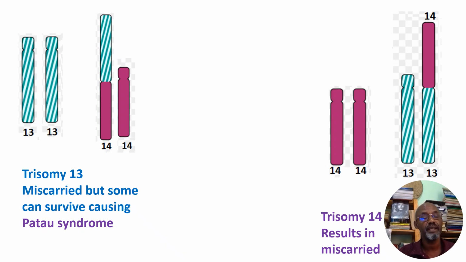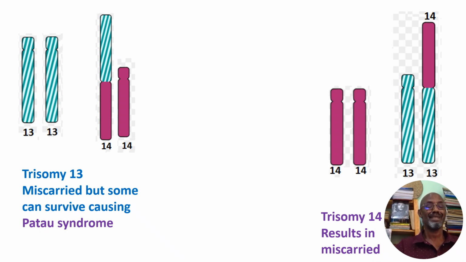Trisomy 13 causes what? Miscarriage. A baby with trisomy 13 in this translocated form, the embryo will not continue: either miscarriage, spontaneous abortion.